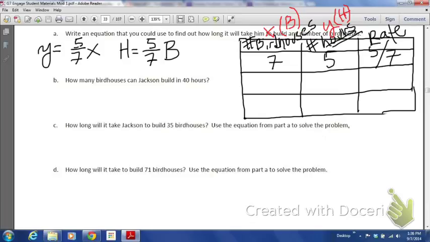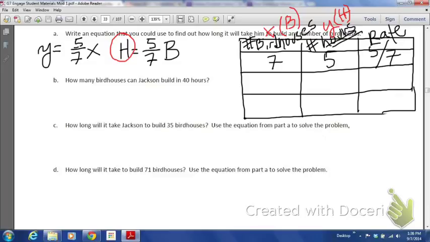Up here we were trying to figure out the hours, so we were solving for the hours, and therefore we had hours on one side, isolated. Down here, for how many birdhouses Jackson can build in 40 hours, it's very important that we have our variables in the right places.